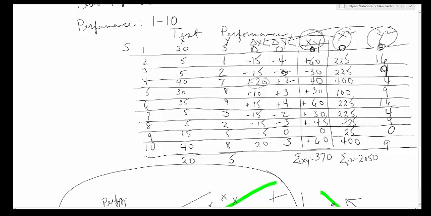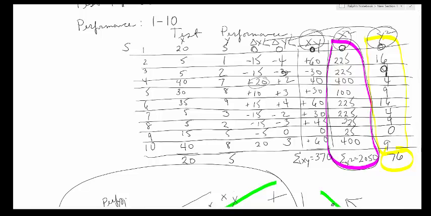That's what we get by combining this column. And then the sum of all of the y squares is 76, and we got that by combining this column. The 76.